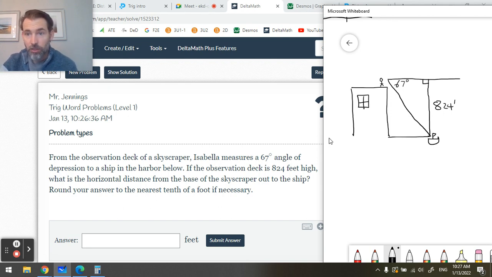Again, we're going to be using tangent because we want to find this here. The adjacent and opposite relate through tangent. SOHCAHTOA. So I say tan 67 degrees is equal to 824 over A. Why? Tangent is opposite over adjacent.